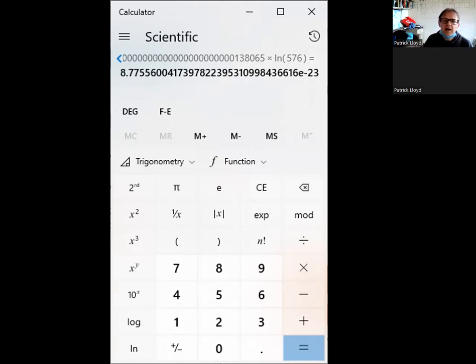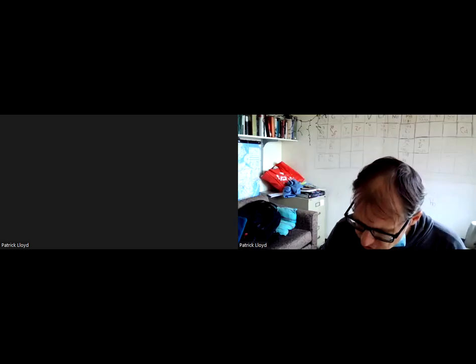Okay, I'm going to go ahead and just show you one thing that is very common. So we got S, 8.78 times 10 to the minus 23 joules per Kelvin. It's very common to do it per mole. So in this particular problem, we're not doing it per mole.